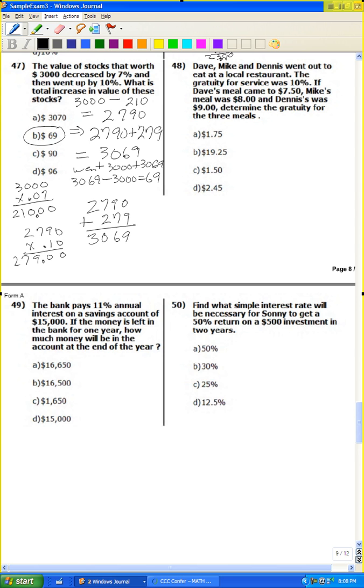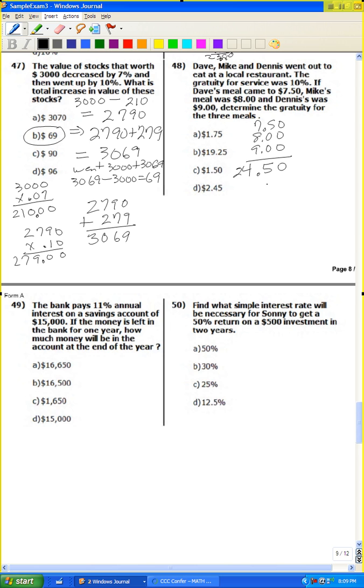Dave, Mike, Dennis went out to eat at a local restaurant. The gratuity for the service was 10%. If Dave's meal came to $7.50, Mike's meal came to $8, Dennis's meal came to $9, so they had spent a total of $24.50. Determine the gratuity for the 3 meals.